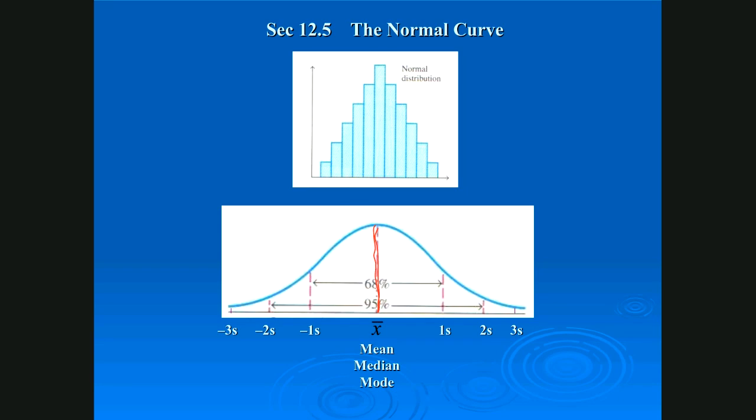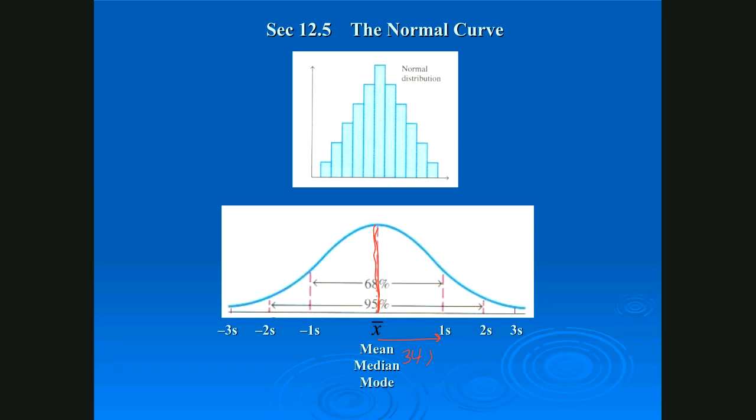Okay, now if we go one standard deviation above the mean, we will always have approximately 34% of our data.